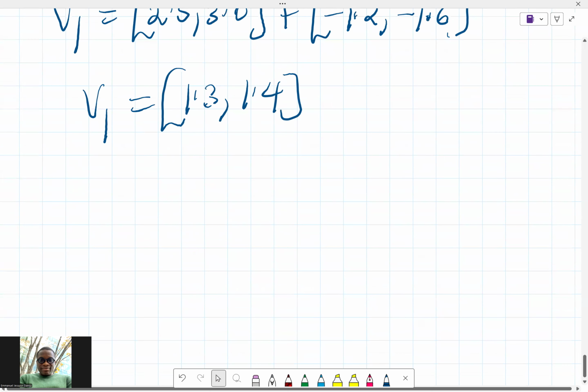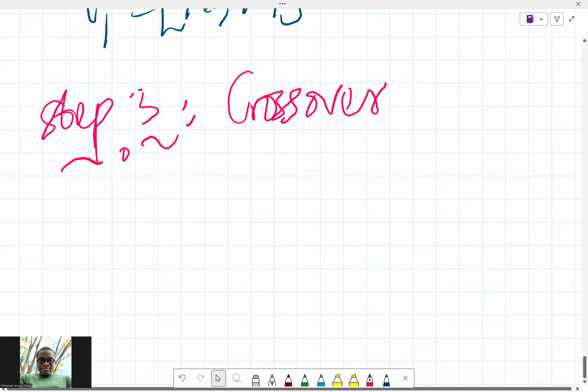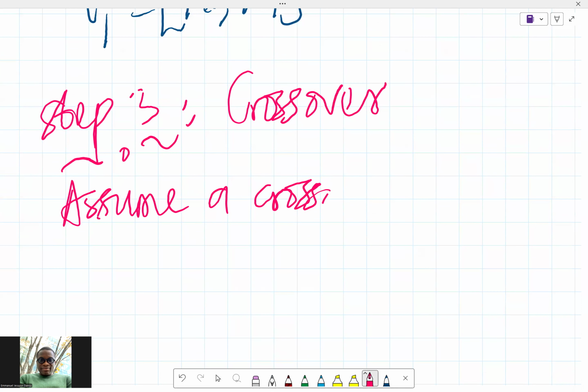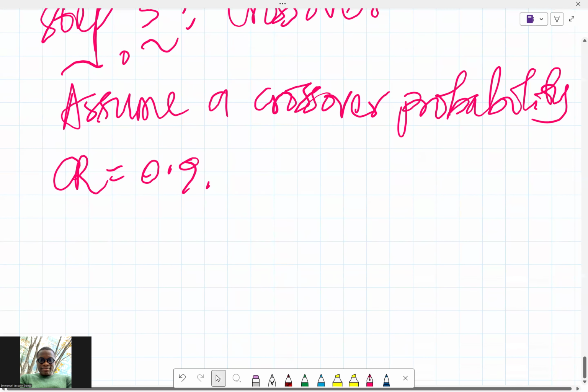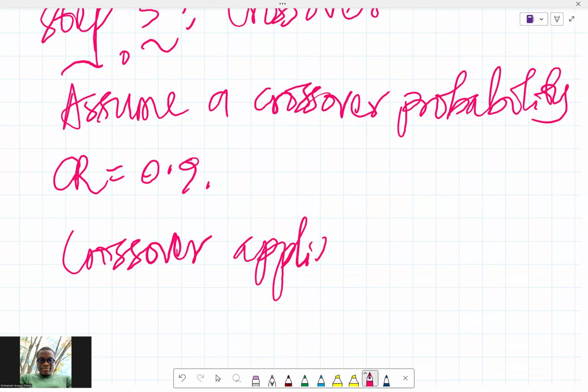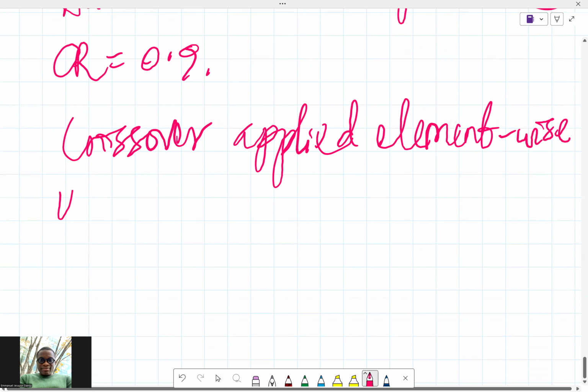That's step 3, where we talk about crossover or recombination. So assume a crossover probability, CR equals 0.9. Crossover applied element-wise, you have U1.